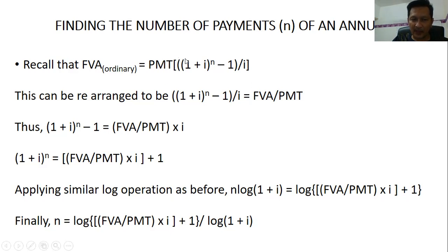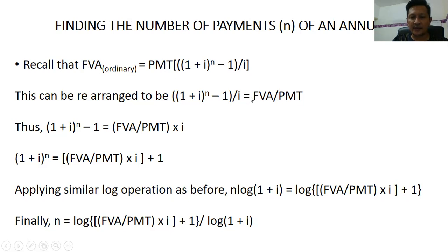bracket here. Okay, notice that to find the number of payments, which is our N, where is N? N is in the power of 1 plus I, 1 plus I to the power of N. Now, since we want to find this N, let's put this term on the left-hand side, and this term we switch it to the right-hand side. So when FVA goes to the right, PMT stays.